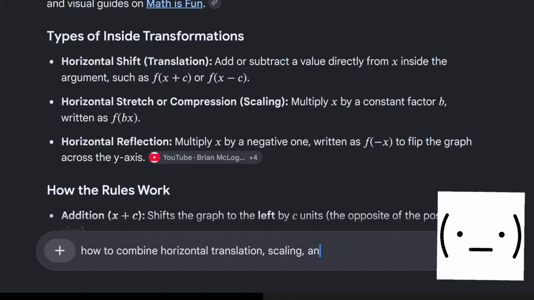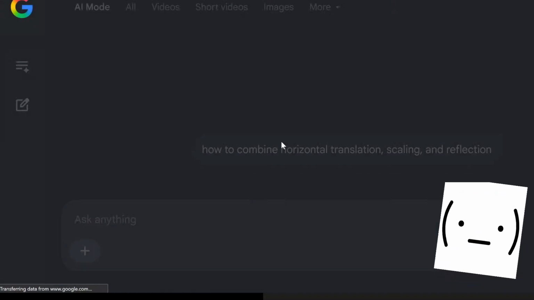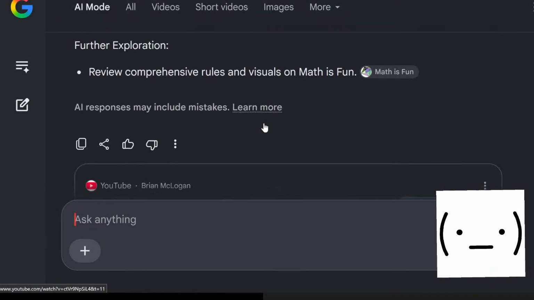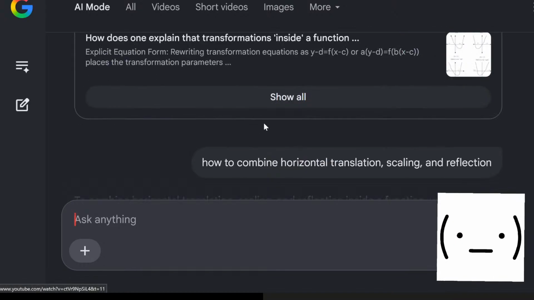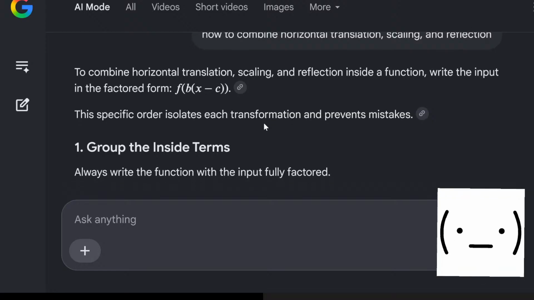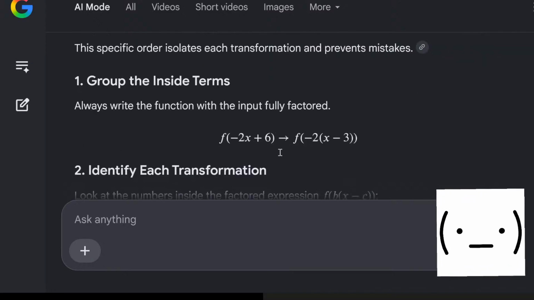Which order of steps to do? Aha, so I was right.